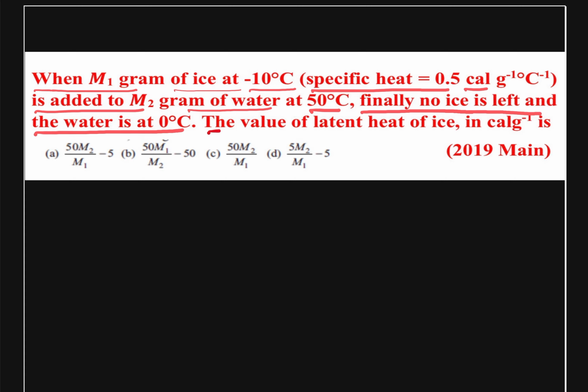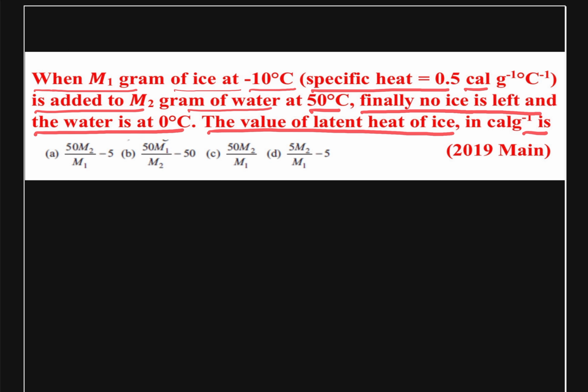The value of latent heat of ice is, okay, so in this case, the ice is going to melt from minus 10 to 0 degree centigrade, so its temperature is going to rise, and water is going to come from the 50 degree centigrade to 0 degree centigrade, so we can say that its temperature is going to fall.